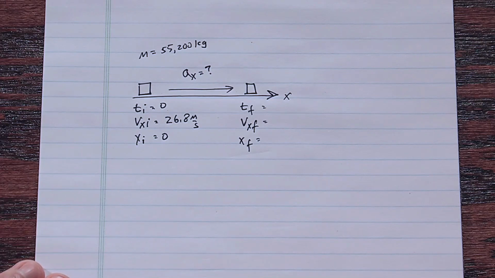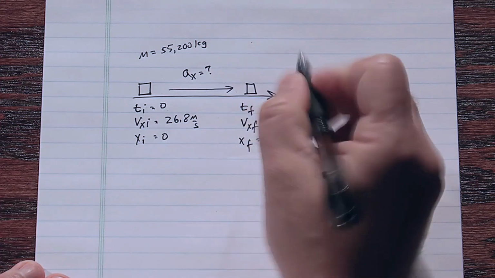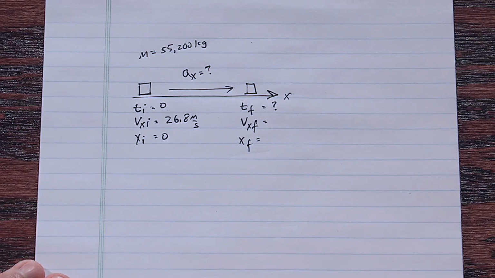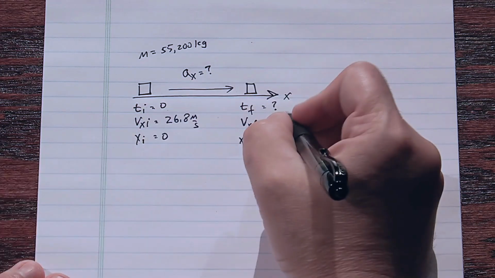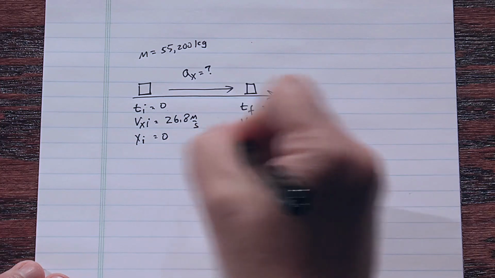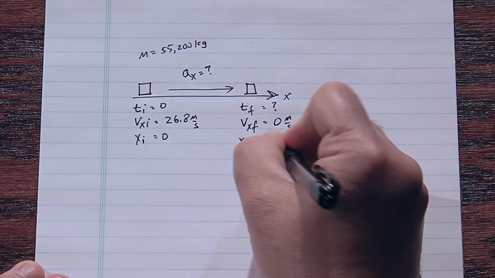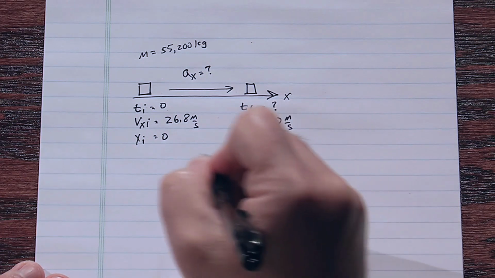So we have the initial situation. The final time, we don't know. The final velocity. Well, what is our final situation? The final situation is where the train comes to rest. So the final velocity is going to be 0 meters per second. And our final position, we also don't know. That's in fact what we're looking for.